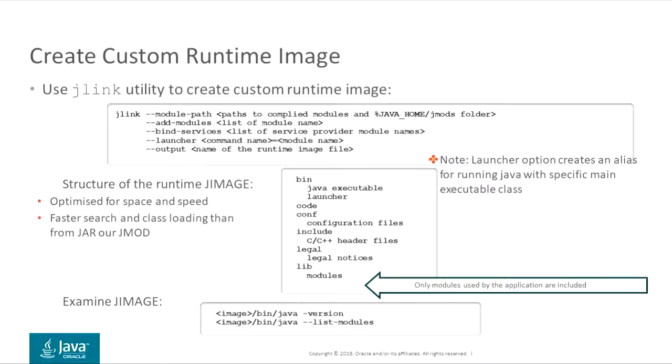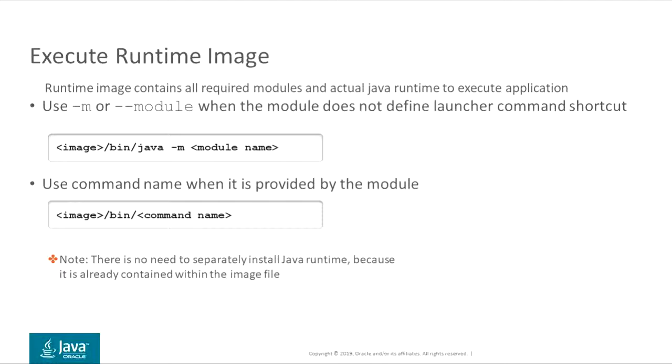You can check which modules are included into it, etc. The way of executing the runtime image could be java -m module name. Presumably, if the module name already defines where the main class is, then it just runs it. Or command name, if in JLink you provided an alias for launching a particular command. But they say the good news is that you don't have to have a Java runtime installed, because it will be carried within the image itself.